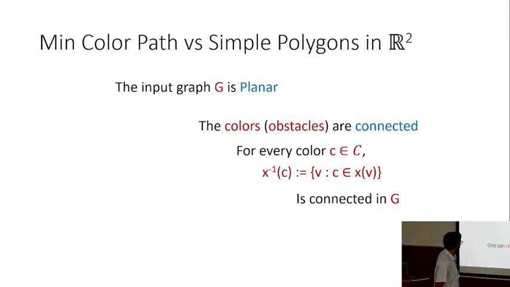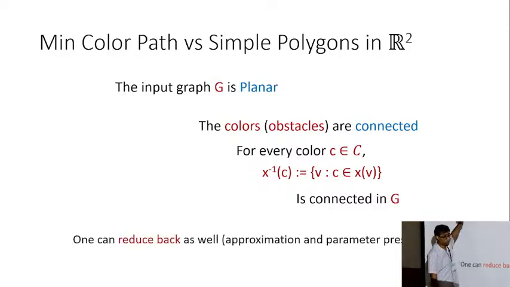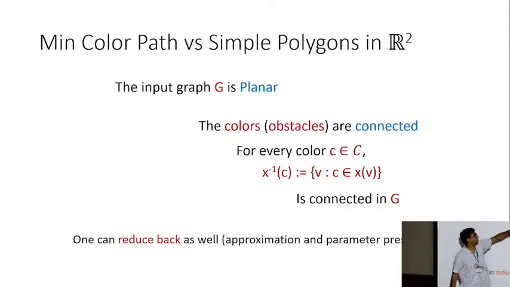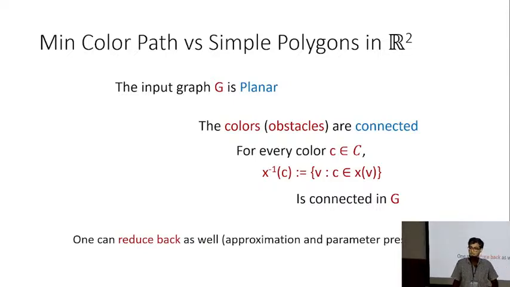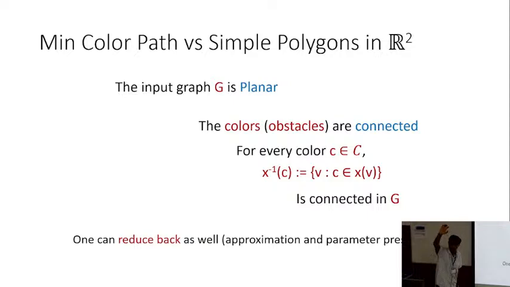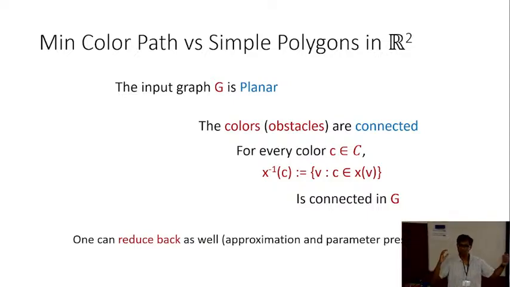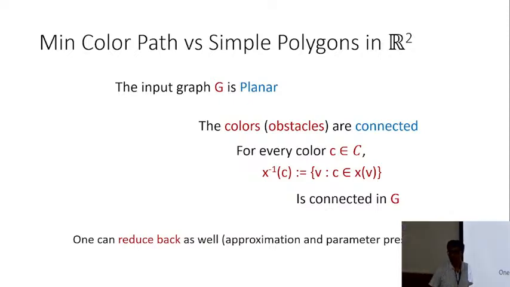So if you're talking in R2, you can reduce your problem to a planar graph, and there is also a reduction back from this planar graph problem to the obstacle problem. So in planar graphs, these two problems are the same. But in higher dimensions, we cannot say they are the same. In general, if you give me an arbitrary instance of the minimum color path problem, I cannot come up with an instance of the obstacle problem. Is that fine? Good.